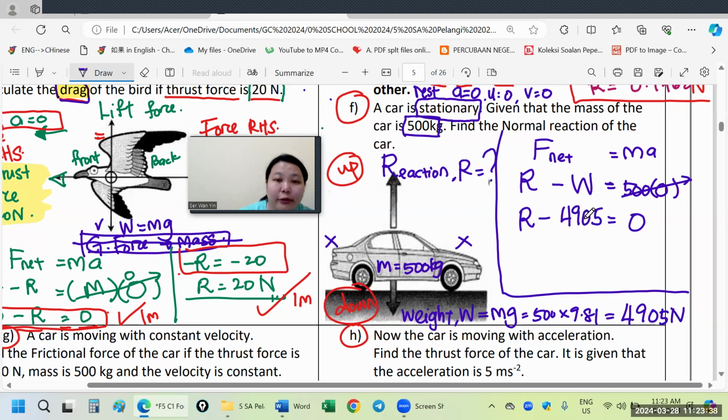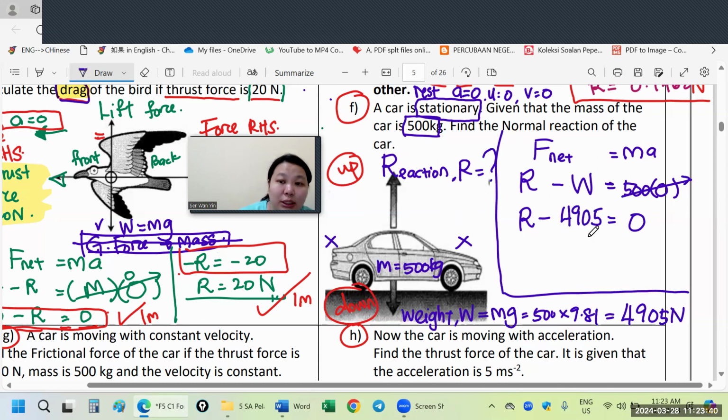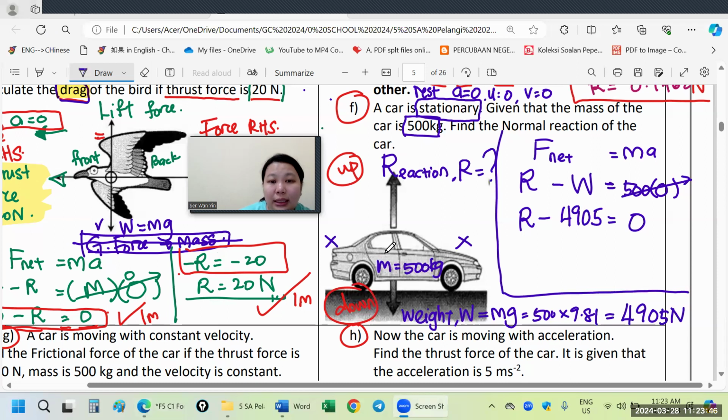I encourage you not to write Newton in the substitution. Actually, when they give you mass, you can substitute mass times gravitational acceleration. It will become your weight.